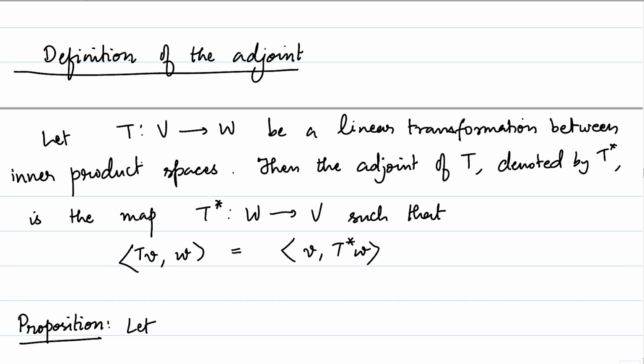The adjoint T star of T is a map from W to V, such that the inner product of TV and W is the same as the inner product of V and T star W. This T star W, as we had seen, is obtained using the Riesz representation theorem applied to T subscript W, which we had defined a bit earlier.